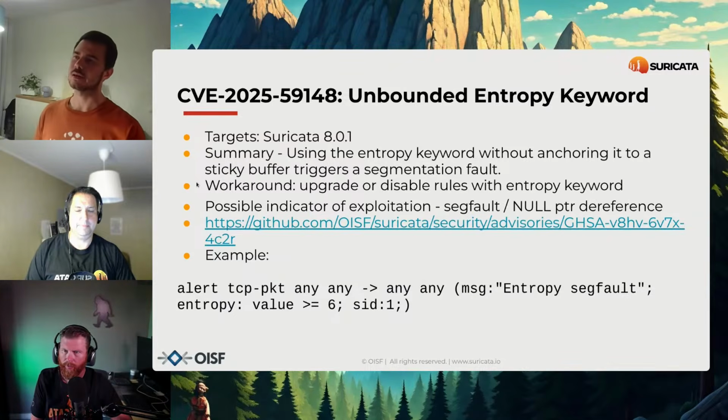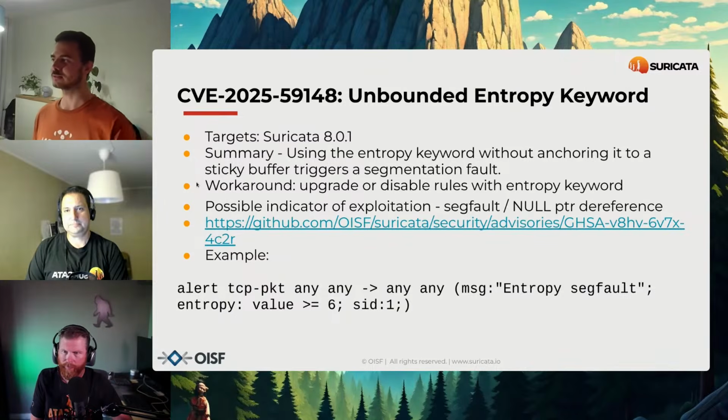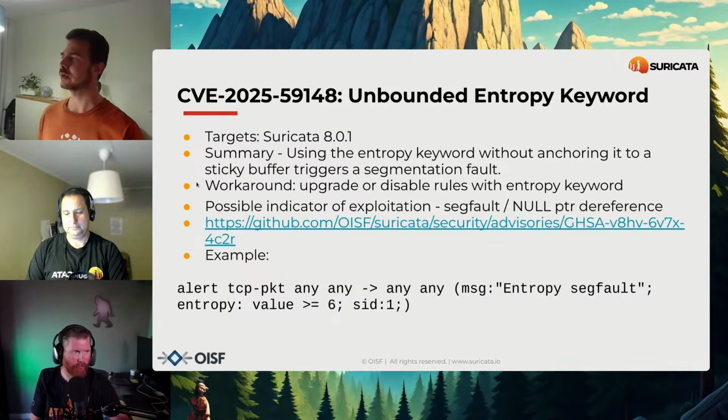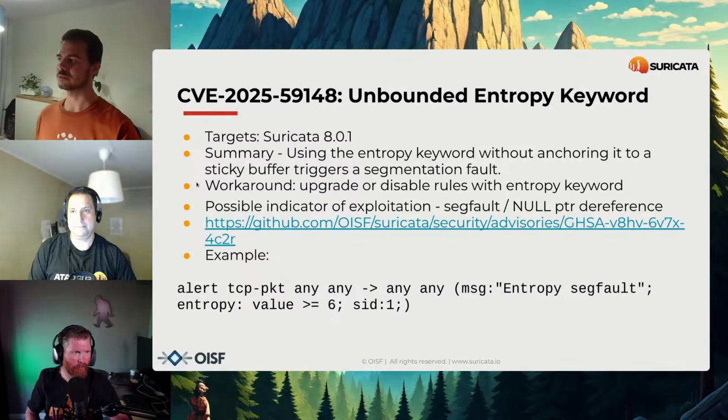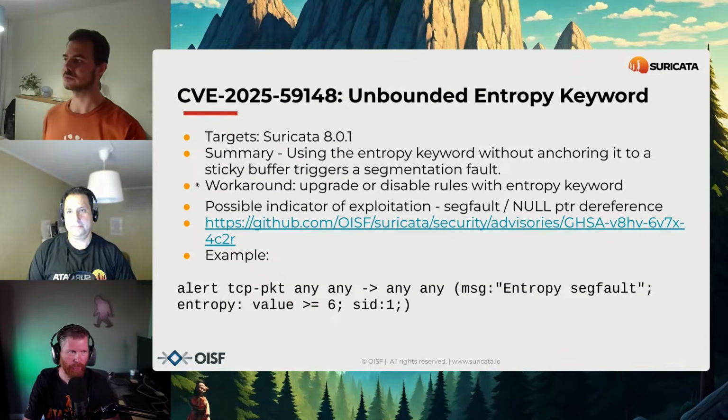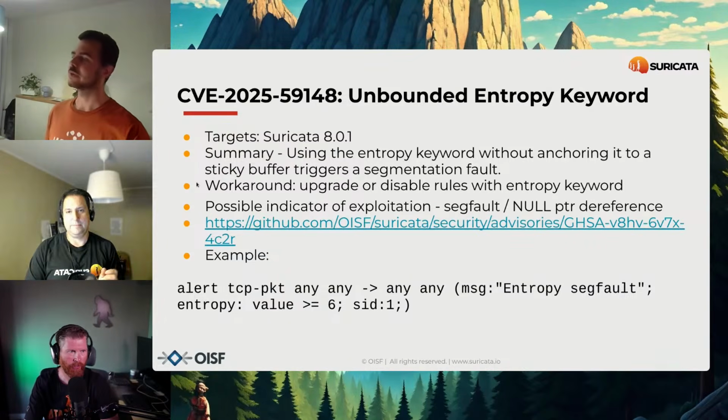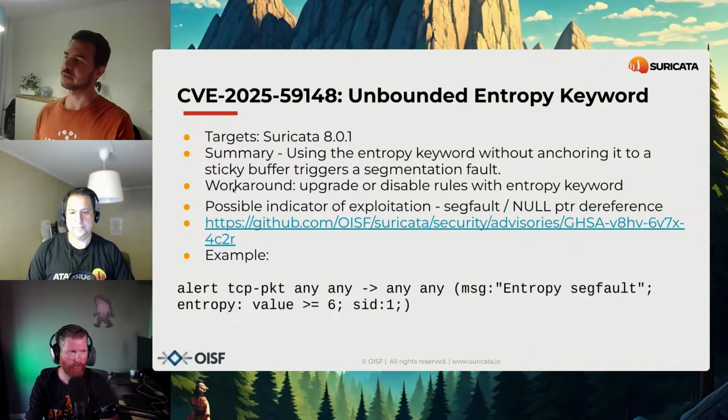On the brighter side, I don't think there are many rules around yet with Suricata 8 syntax, so you are very unlikely to hit the bug, but generally the workaround, again, is to upgrade. Don't worry about it, or just disable rules with the entropy keyword, if any.